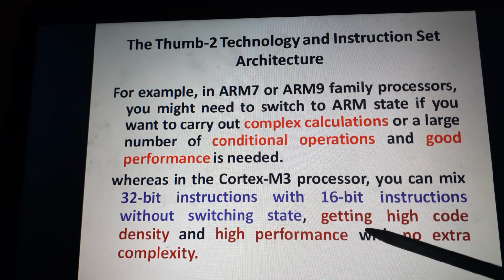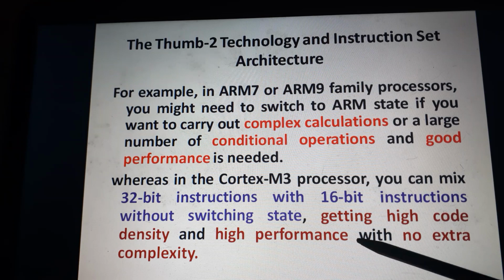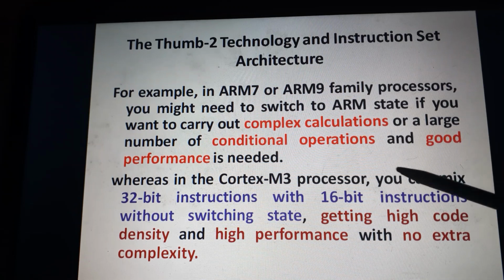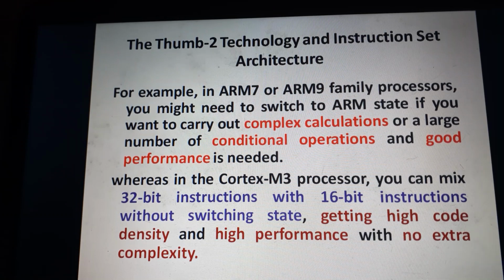Why high performance? Because the instruction set can implement high performance jobs. Right now we have 32-bit instructions also with no extra complexity, because there is no requirement to switch the states.